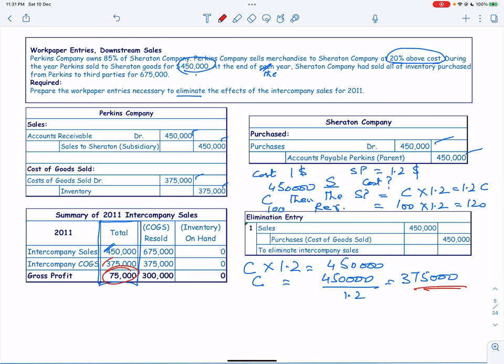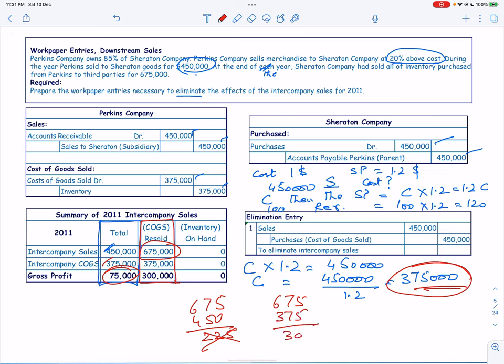The second column represents intercompany inventory that was resold to the third parties. Now the parent company has sold for 450,000 and the subsidiary has sold to the third parties for 675,000, but the profit is not 225,000, rather it is 675,000 minus cost to the affiliated group, that is 375,000, and that is equal to 300,000.